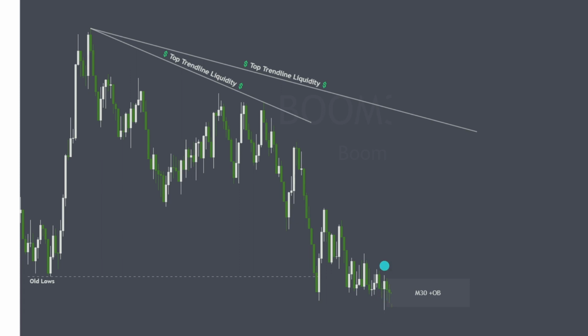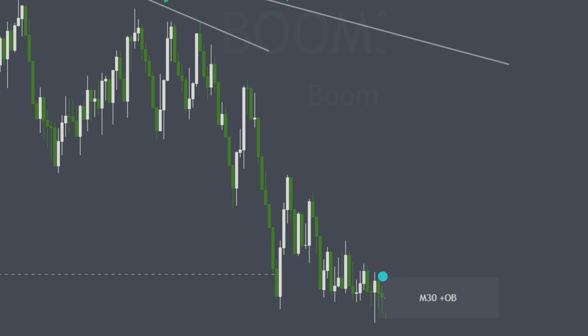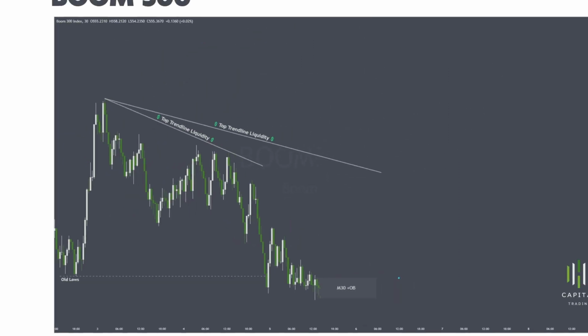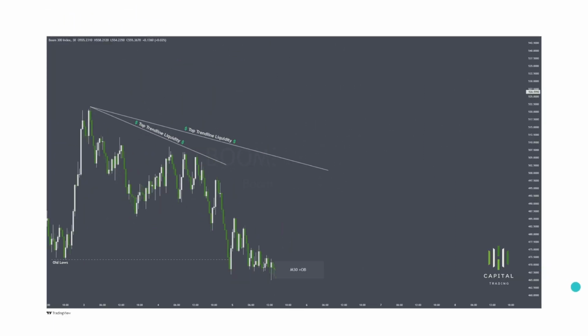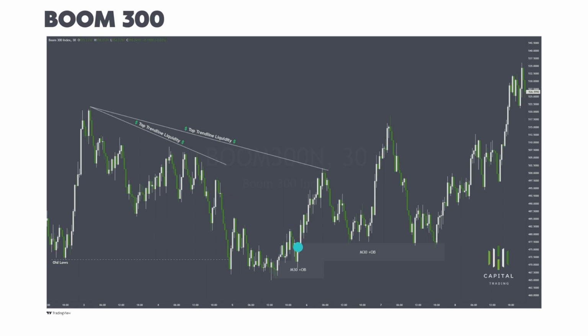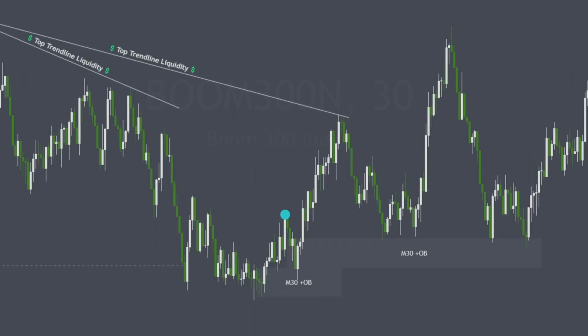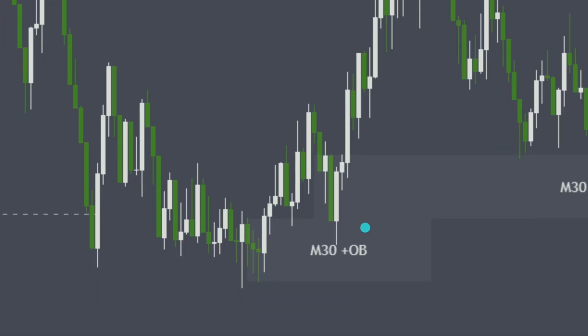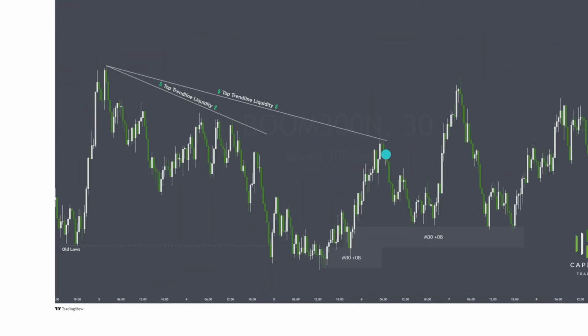Price did form a bullish order block. Remember, the last down close candle is our bullish order block, right? So when price did that, they went to the upside and returned back into our bullish order block. Then they went to the upside, reached into this liquidity on this top trend line, then dropped to the downside.